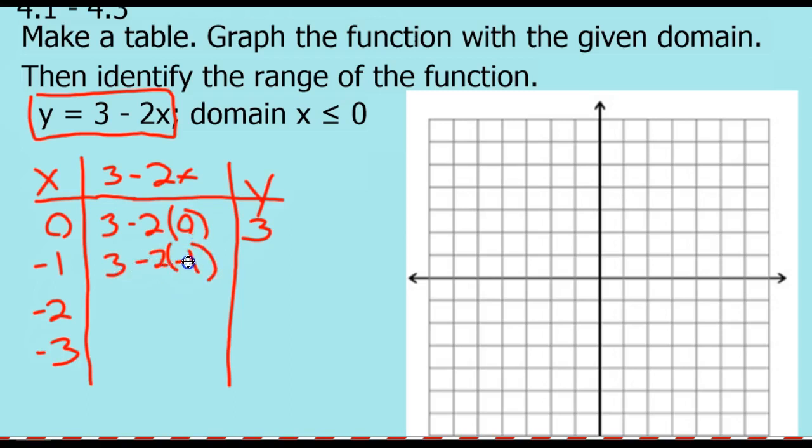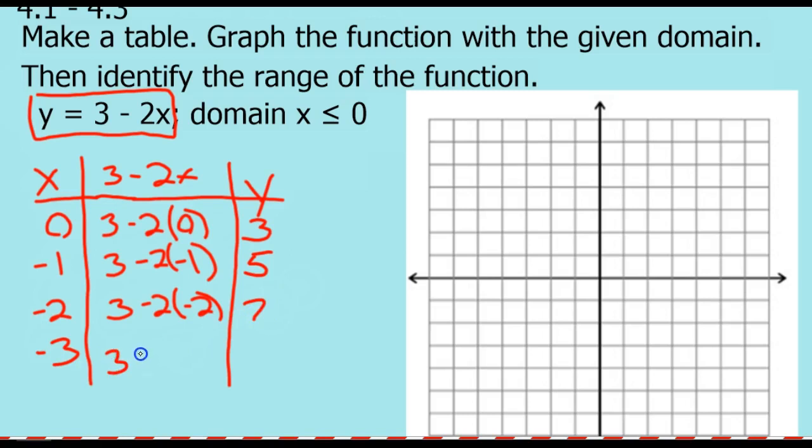Negative 2 times negative 1 is positive 2, so 3 plus 2 gives us 5. 3 minus 2 times negative 2. Negative 2 times negative 2 is 4, so 3 plus 4 gives us 7.